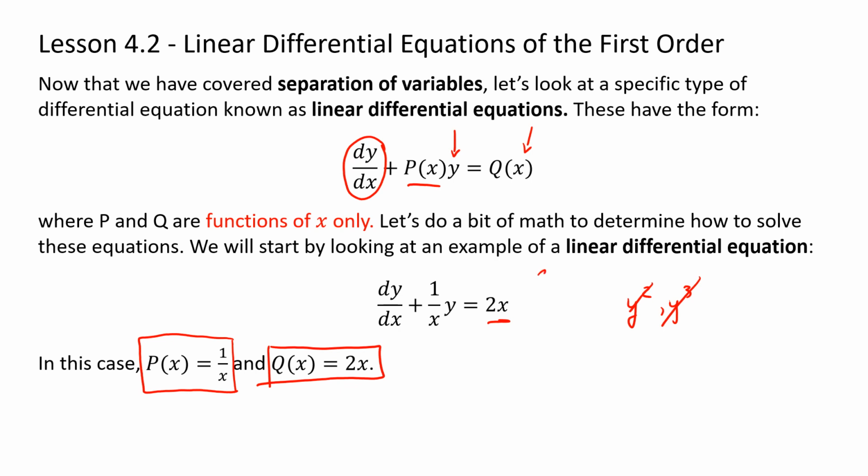This can't be 2xy. It can't be 2x plus y. It can't be any of those functions. So if you're given a question and it doesn't look exactly like this form, you may have to do some rearranging. Just keep that in mind when you start looking at questions.